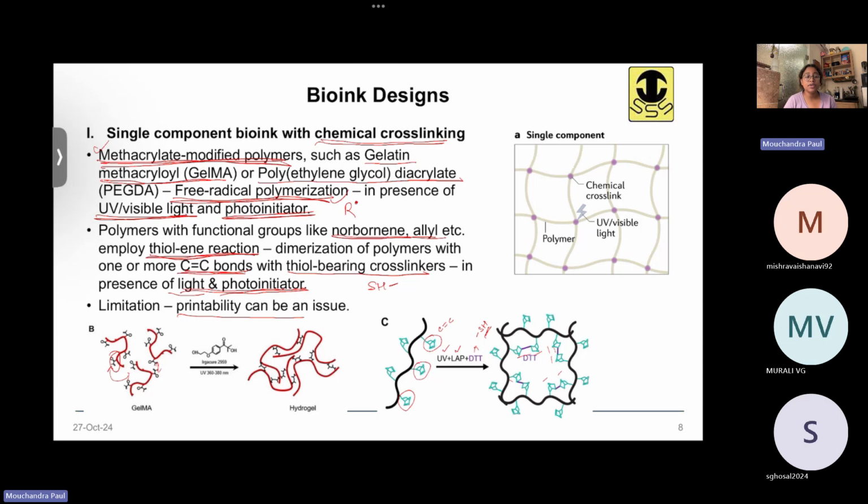Or what you can do, you can shine light during the process as well. And as the filament is extruded, it is cross-linked and getting deposited. So it offers various conveniences to the researchers to work with. That's why these polymers are becoming very popular in the area of 3D bioprinting. Okay.